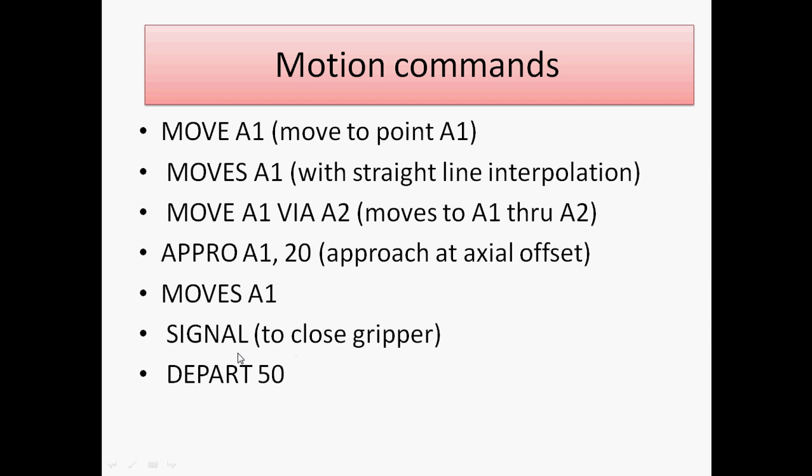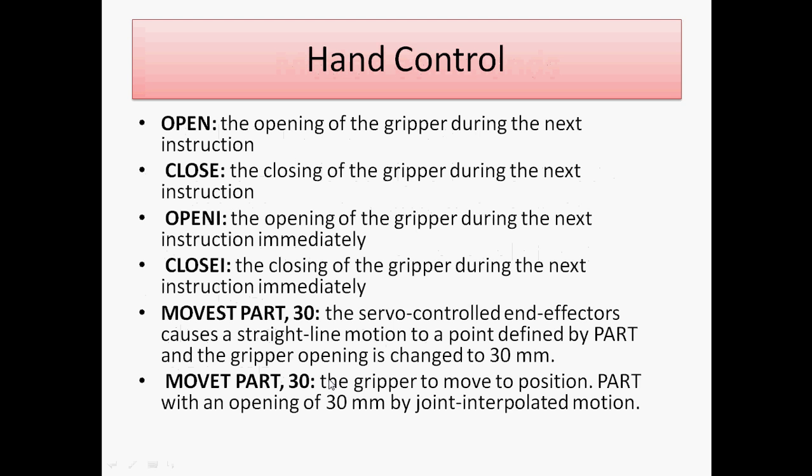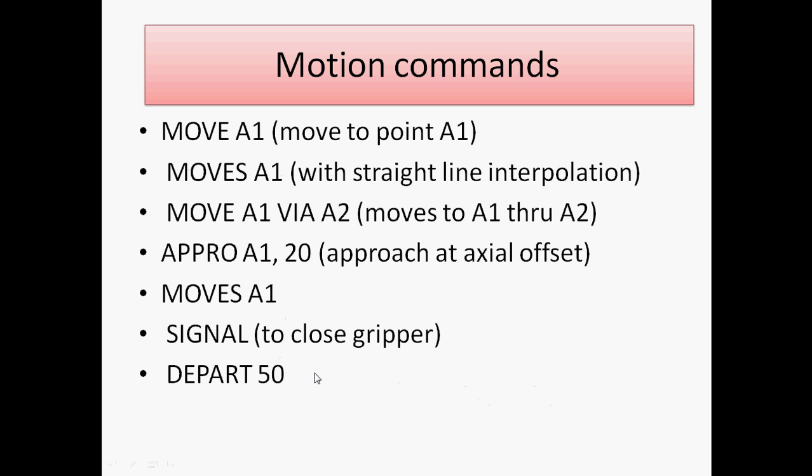That is about the signals. Then DEPART 50 is the command used after reaching that point, to move away by 50. So this is the main thing we have in the motion commands. It is related to the movement of the robot, so we get the information from the motion commands.